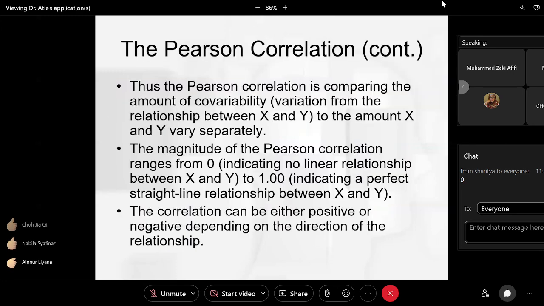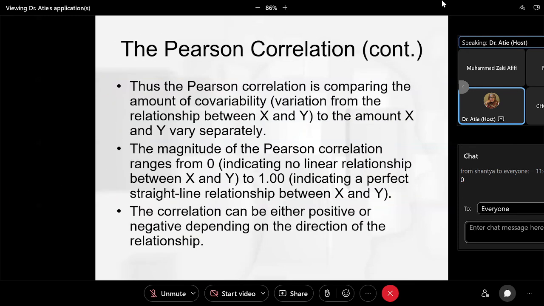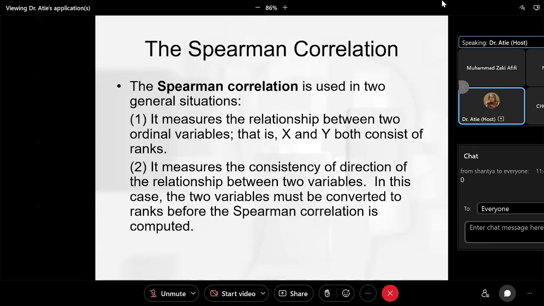The next one, I would like to briefly introduce you to another correlation. But this one depends on your supervisor when they supervise you for your final year project. The next correlation is called Spearman correlation.